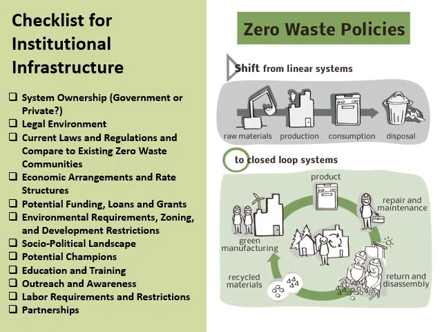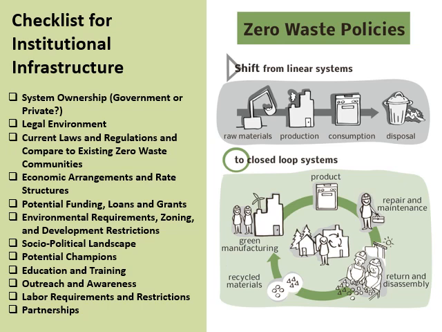Besides the things, there are the relationships between things, and so policies become very important. So, institutional infrastructure. Who owns things? Is it government or private? What's the legal environment? What are the current laws and regulations? How do they compare to an existing zero waste community?